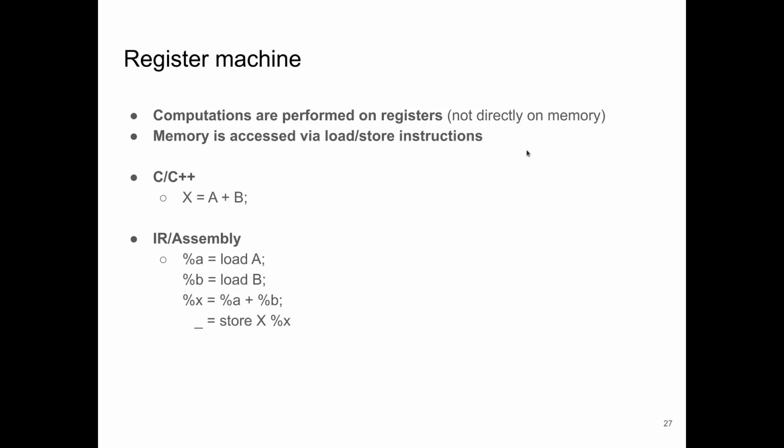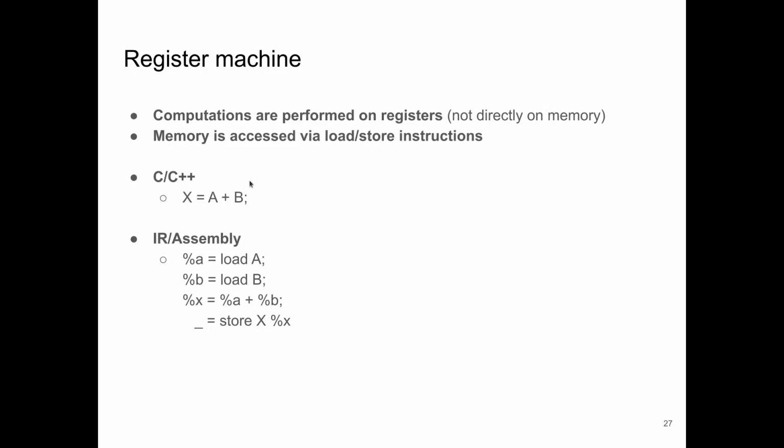So if you want to operate on some values that are stored in memory, you first have to load these values into registers and perform your operation, for example, add A to B, and then store it back to the memory. So you cannot directly compute on the values in memory. That's the meaning of this register machine.